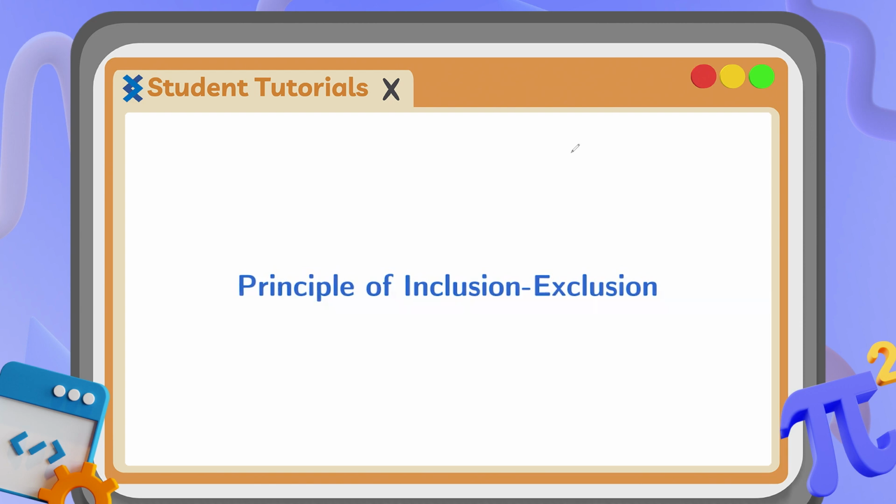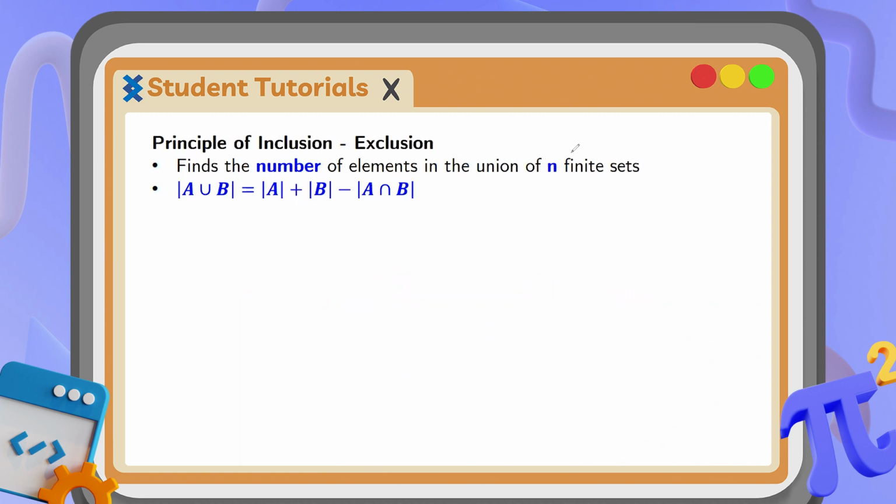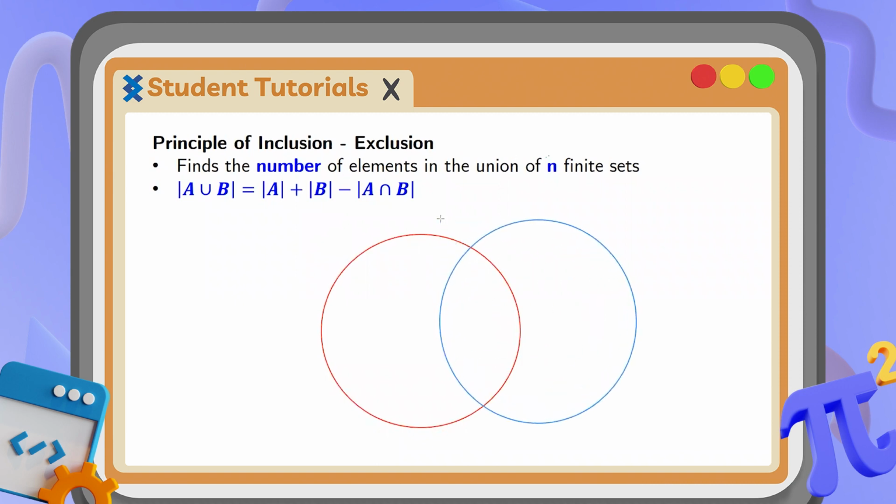Now we proceed with the principle of inclusion-exclusion, which basically finds the number of elements in the union of n finite sets. So basically, you're looking for the distinct elements in the union of n finite sets. For example, we have set A and set B, assuming they are not disjoint.